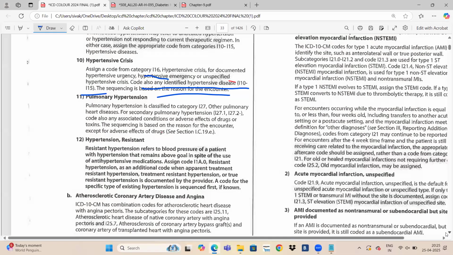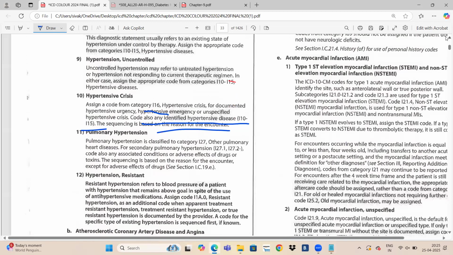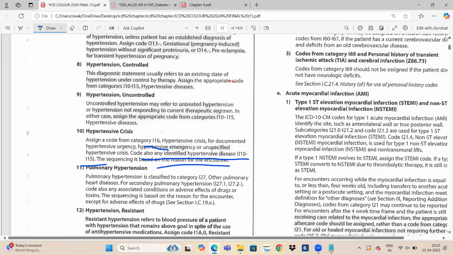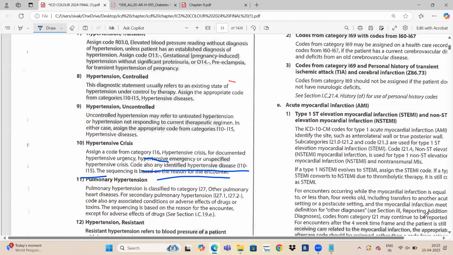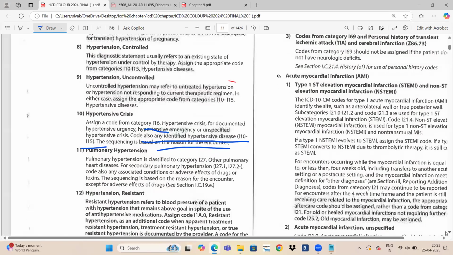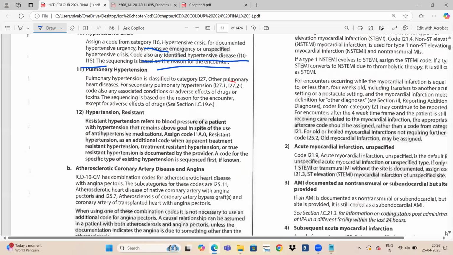What will be the situation for secondary hypertension due to an underlying condition? First, you need to code the underlying condition, then hypertension. If secondary, that code should be second. But if the reason is for the underlying condition, then also?